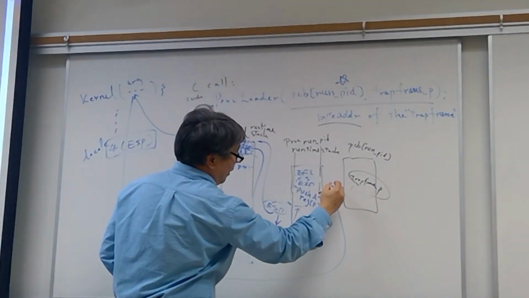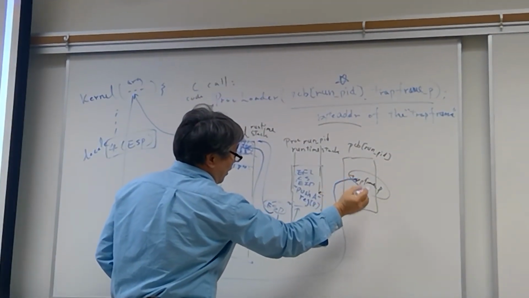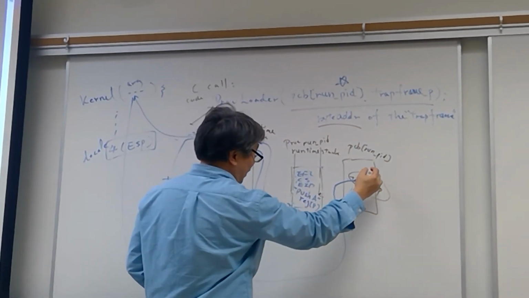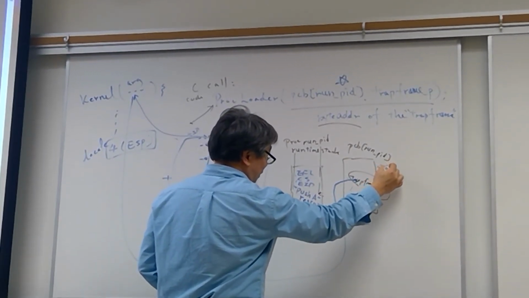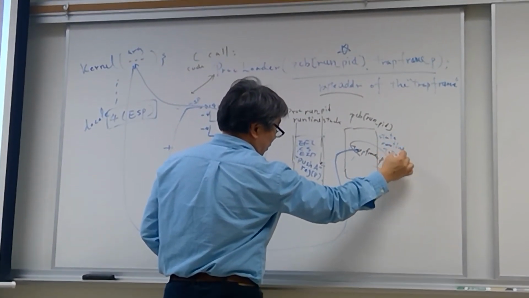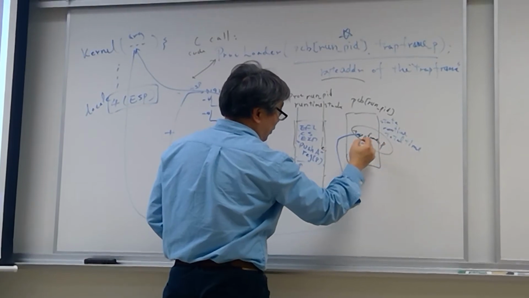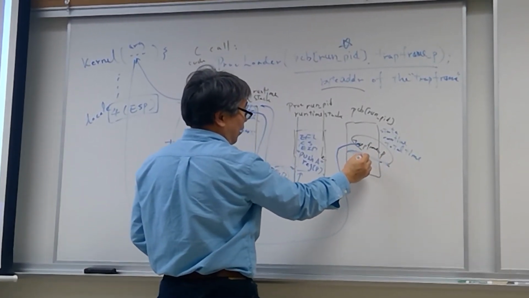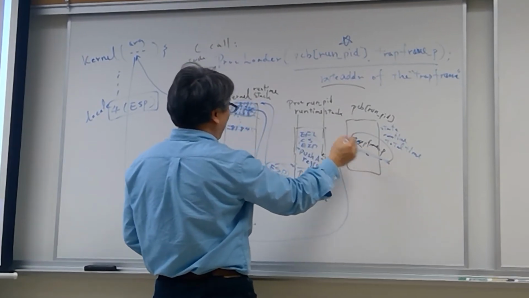Then this can update the PCB traffic pointer. The PCB for each process has its state, runtime, total time, and traffic pointer. This is the most important one in the PCB because this is how we can run.